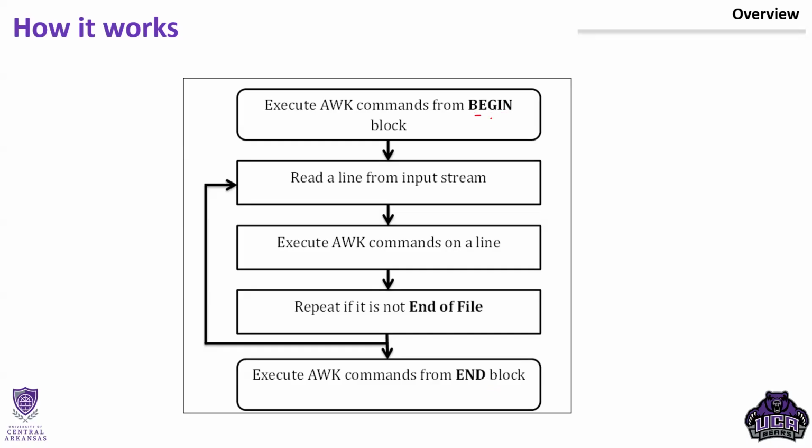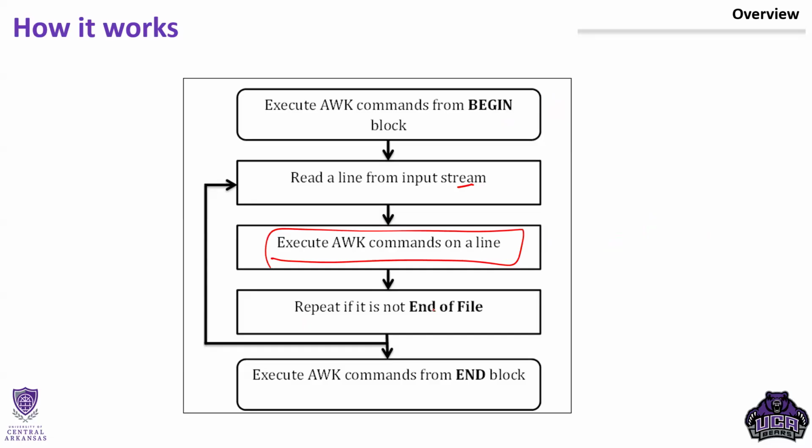The begin block is a good place to set up a lot of the variables that you're going to be tracking. It's also a good place for a header if you're writing a report, because it'll actually go through that. Let's say we've redirected it to some file, then it's going to write that header to the file. Then, when it gets here, we have an input file. It's going to read line 1 and execute all of our commands.